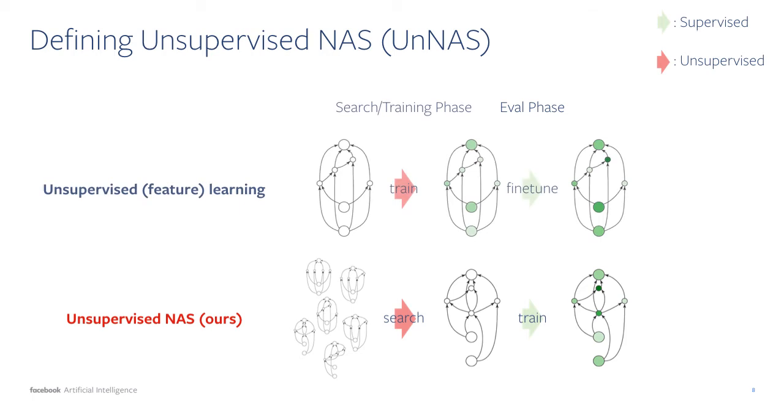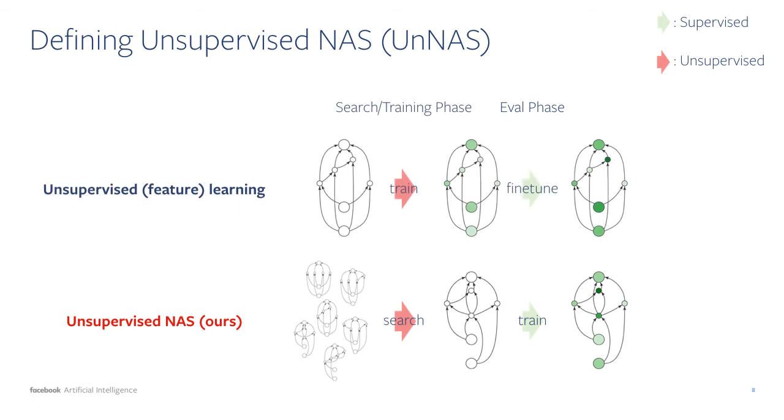In case you're not convinced why this is a good idea, we point out this setting is exactly analogous to the unsupervised feature learning literature. In unsupervised feature learning, there are also two phases. In the training phase, the weights in the network are trained without human annotated labels, but in the evaluation phase, these weights are fine-tuned towards a supervised target task, for example, ImageNet classification, to assess the quality of these weights.